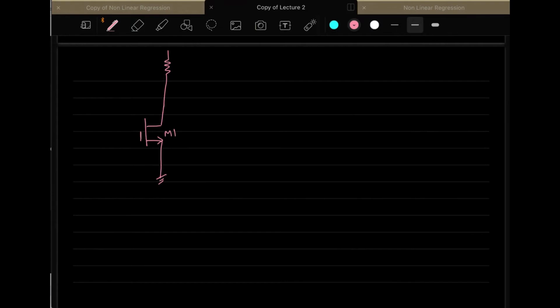We want it to be operated in the proper region in the ID versus VDS curve, because we want it to work in saturation so that it works as an amplifier. So in the ID versus VDS characteristics, we want the Q point to be somewhere here. This is the Q point, that is the operating point. The operating point has to be fixed properly so that it's operating in saturation.